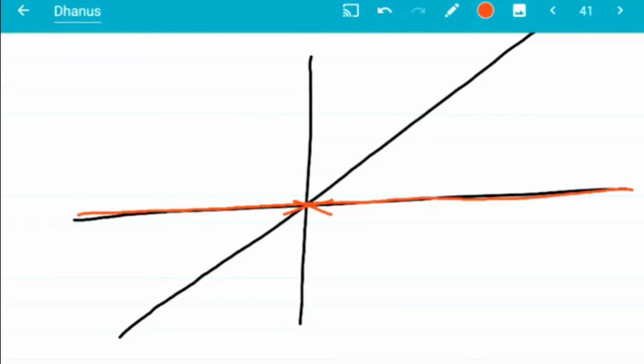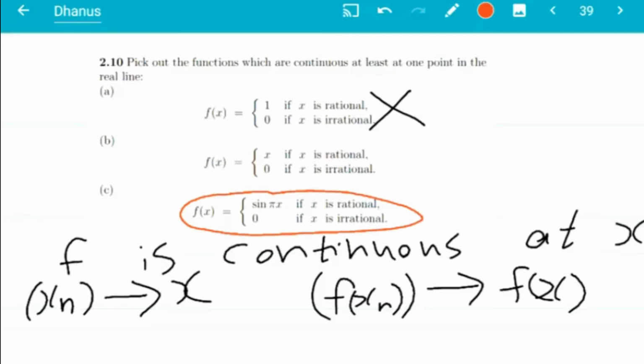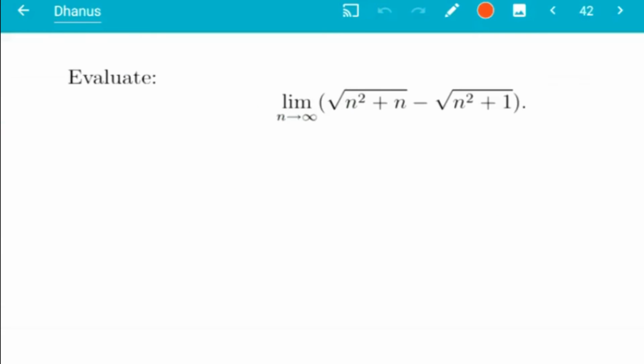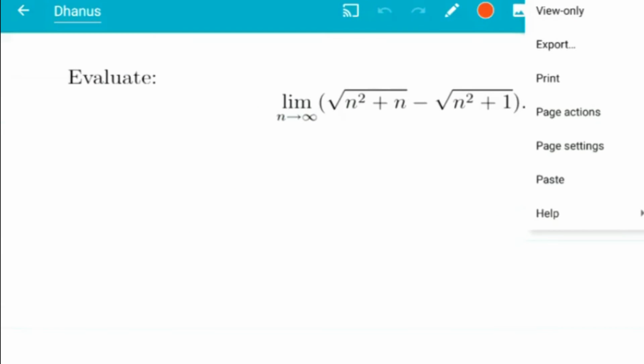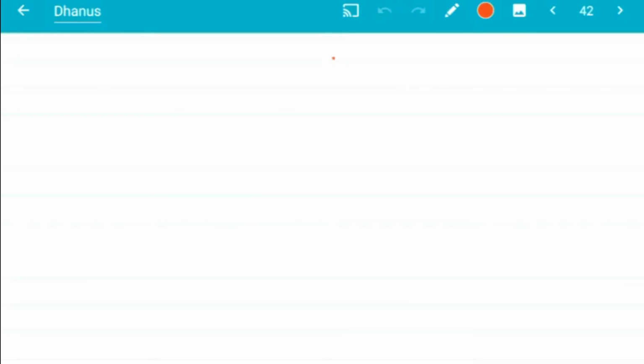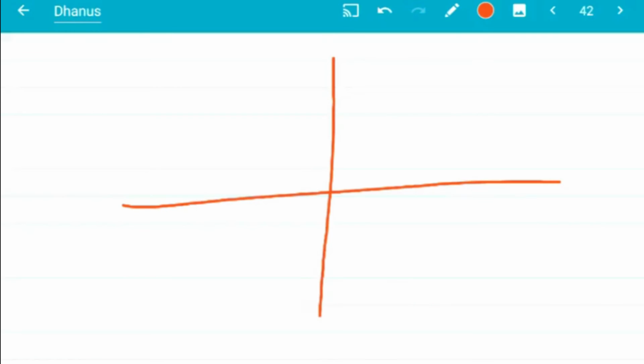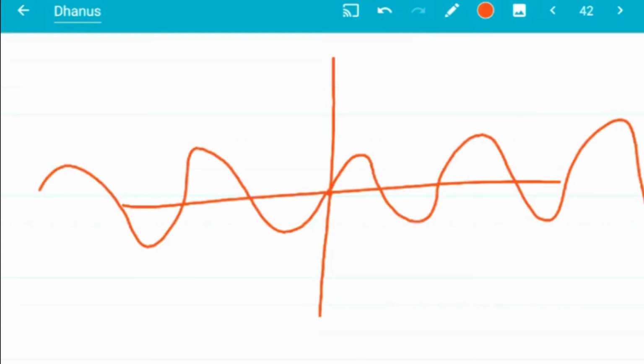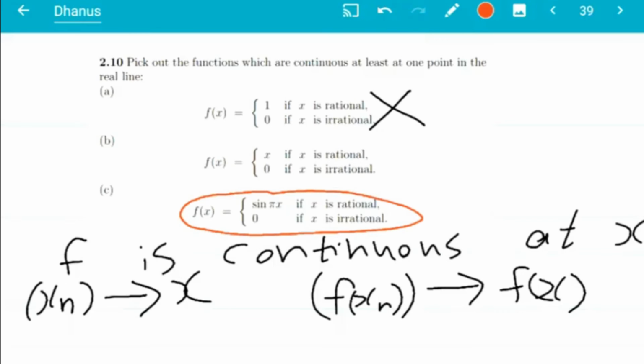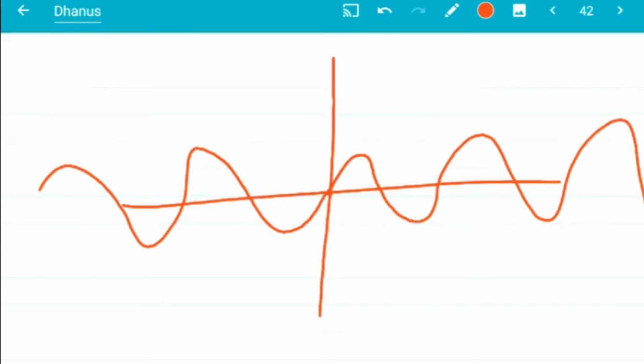Similarly, in this question, sin pi x, here also we just consider the functions. Sin pi x will be a function like this, and that is at rationals, and in the other case the function is 0 in the case of irrationals.